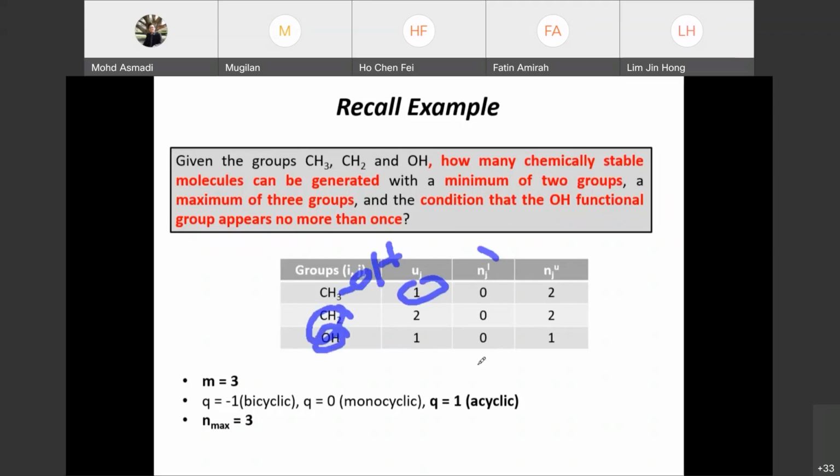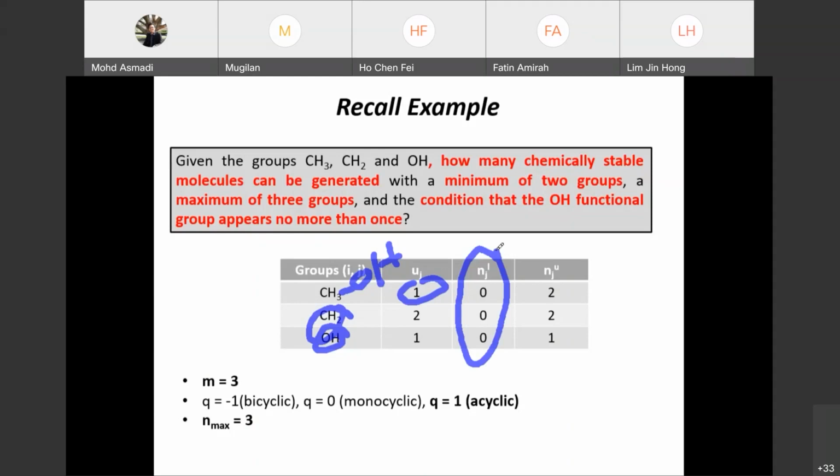And just remember, generally for the lower bound, n is NGL, right? NGL is the lower bound, generally 0. And the upper bound is the maximum number that you can put in the group. For CH3, the maximum is 2.